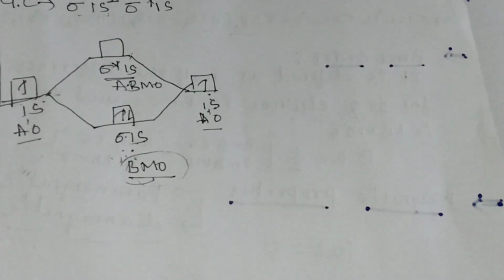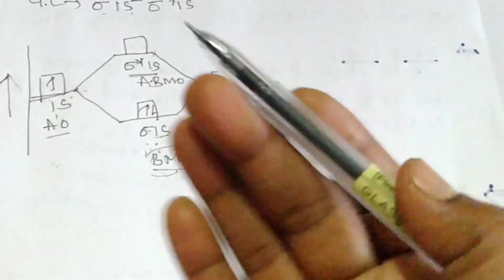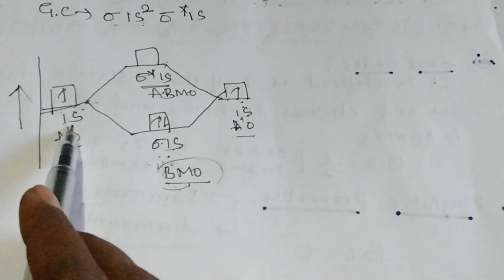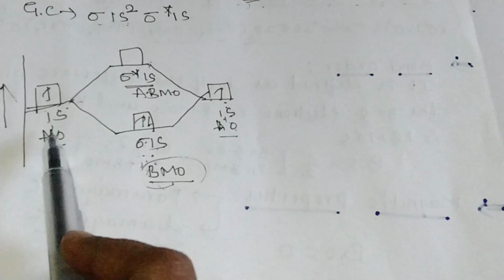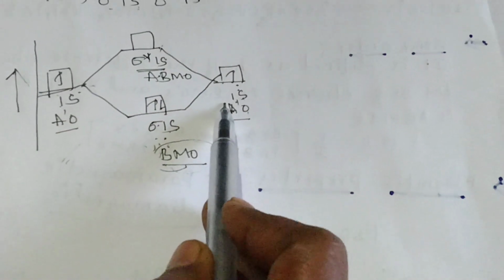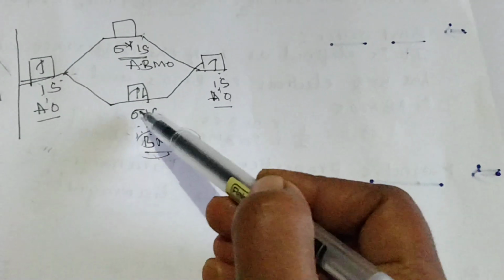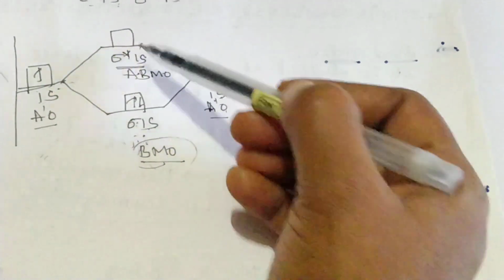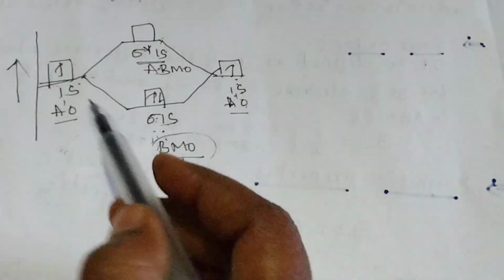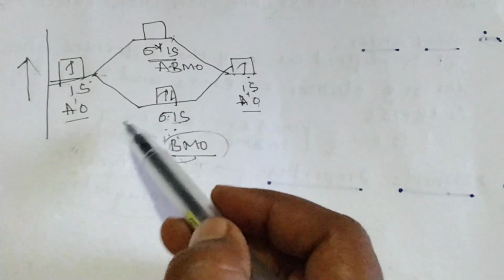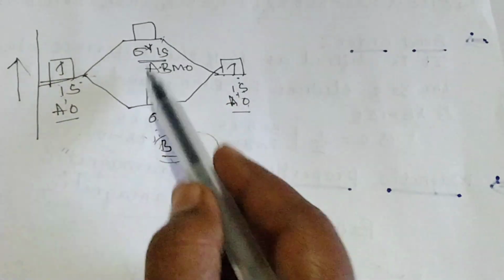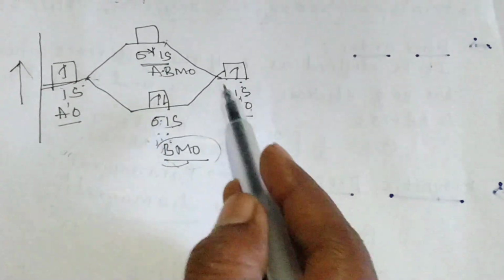Okay, now we have to tally this. The number of electrons present in the atomic orbitals must be equal to the number of electrons present in the molecular orbitals. Here we have two electrons, and in the molecular orbitals also we have two electrons.